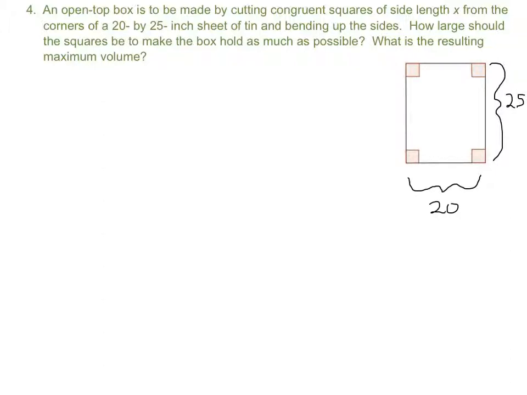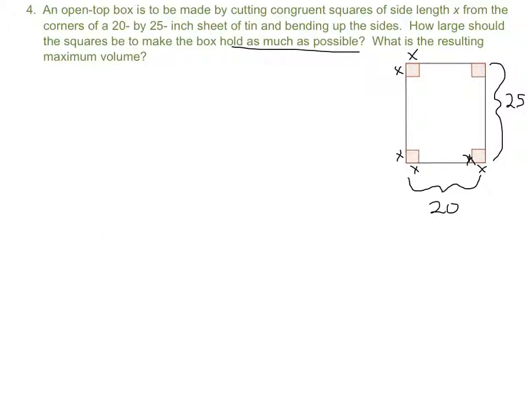And we'll end up cutting out squares in all the corners, and the squares will have side lengths of x. And then we'll end up folding up the remainder on each side to make the height of the box. The question says, how large should the squares be to make the box hold as much as possible?